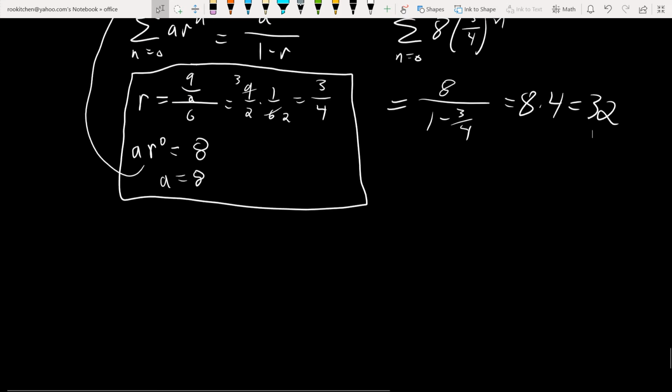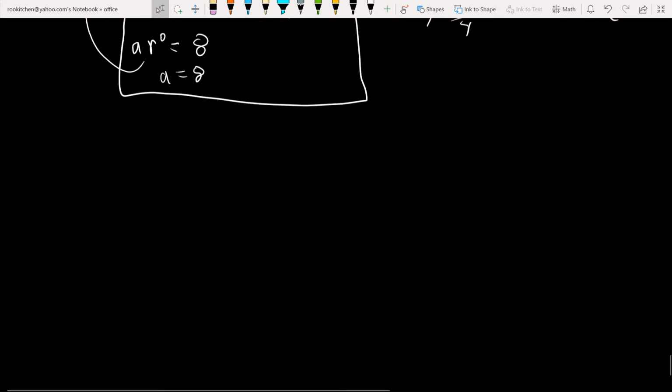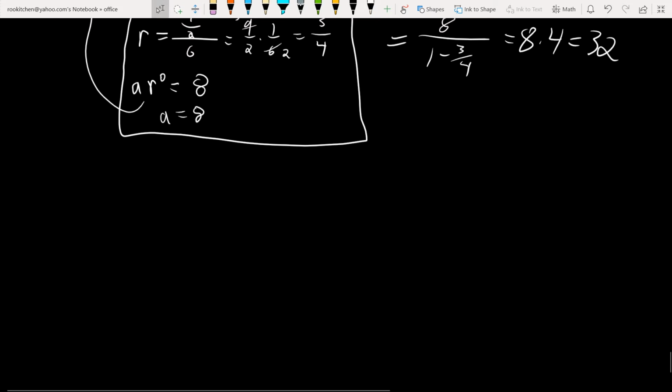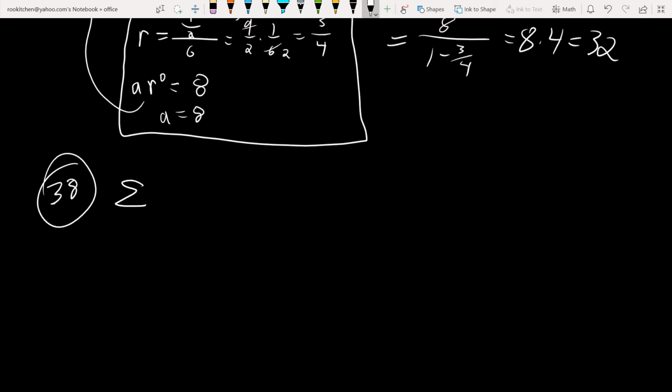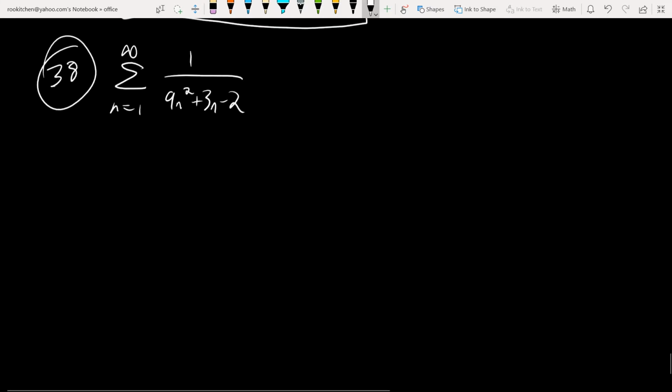Okay, let's try number 38. And again, we're looking for the sum of the series. And I have the series n equals 1 to infinity of 1 all over 9n squared plus 3n minus 2. In this case, it has a quadratic in the bottom and just a constant up top.